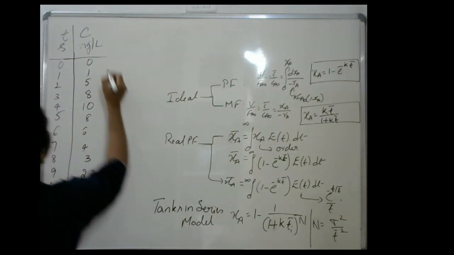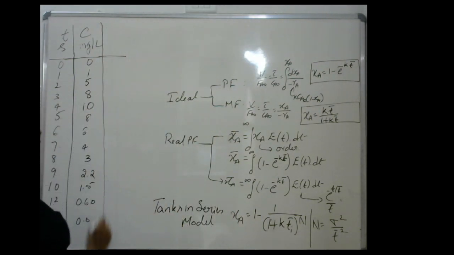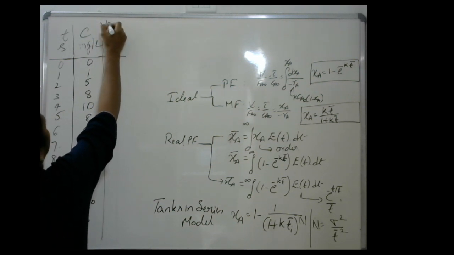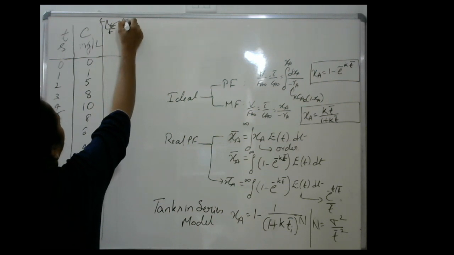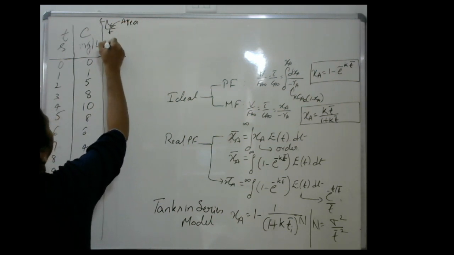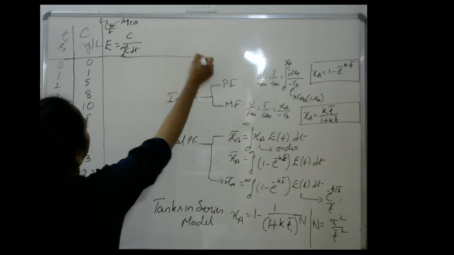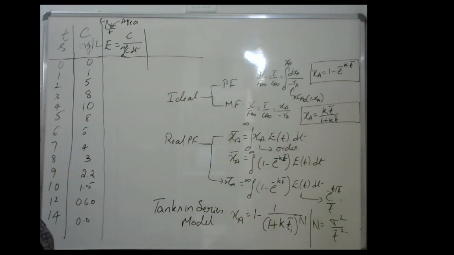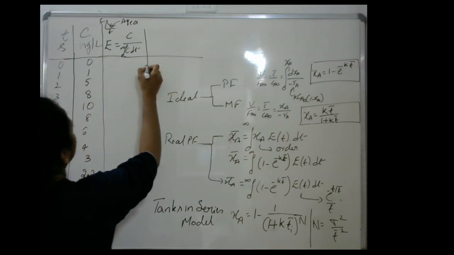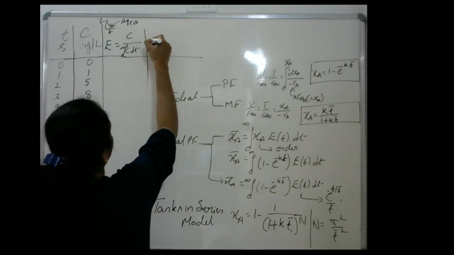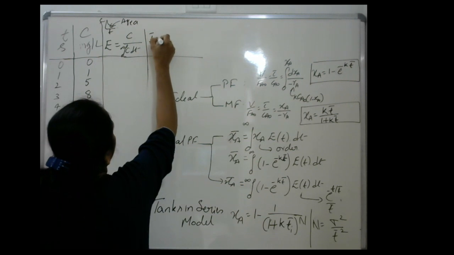It's just a recap of what you have done already. After finding C, plot C versus T and find this area. E will be equal to C by integral 0 to infinity C dt.